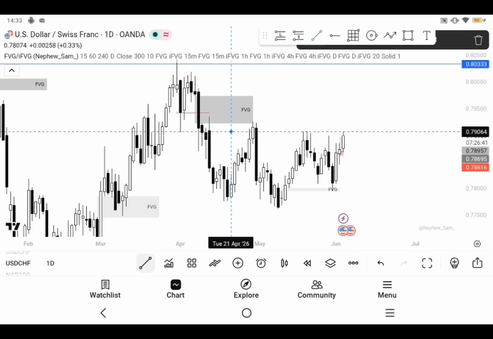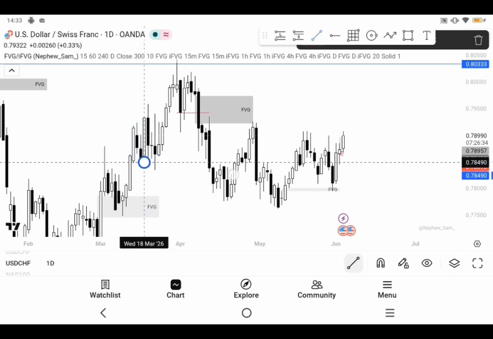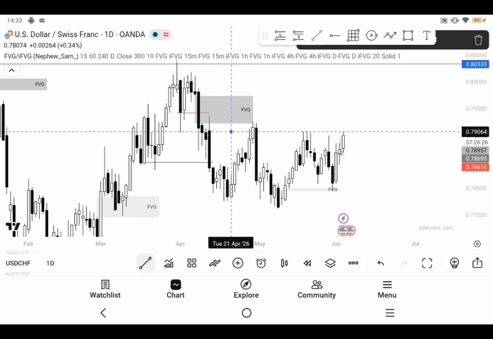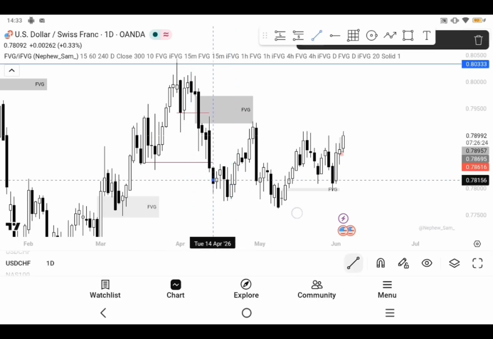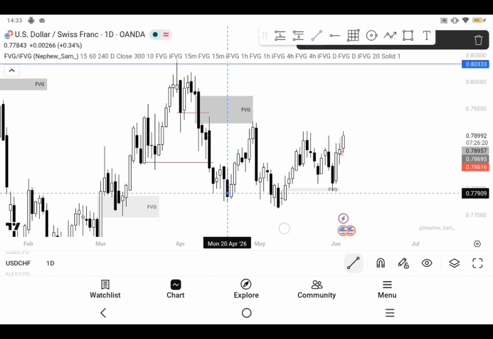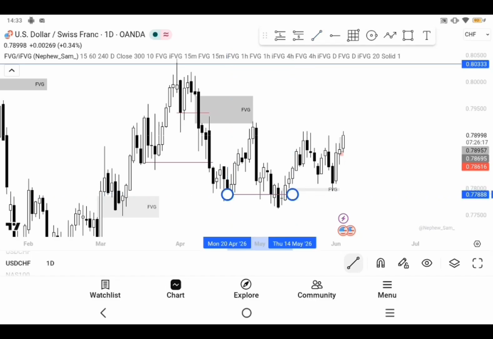It has broken another structure, like multiple structures in this particular area. Then it also went up, but it couldn't continue going up, so it broke another structure here. And we see it has broken another structure in this particular area. So this has shown that the market is quite bearish.